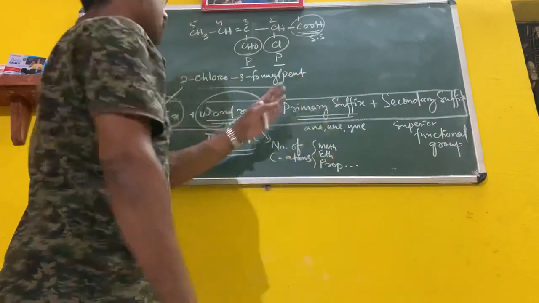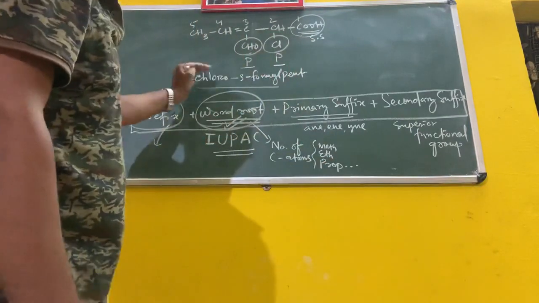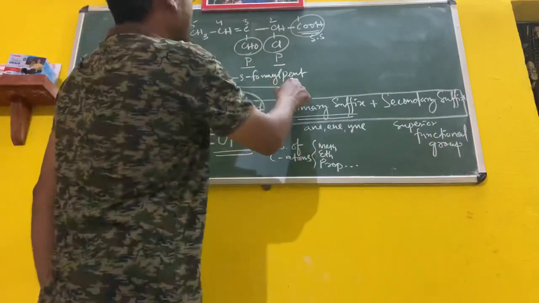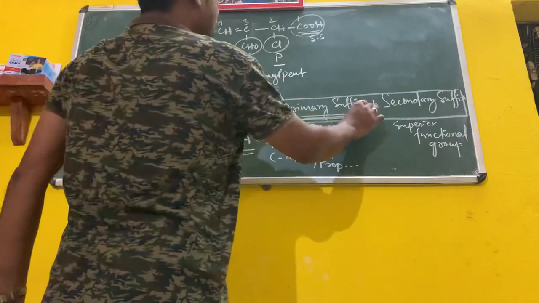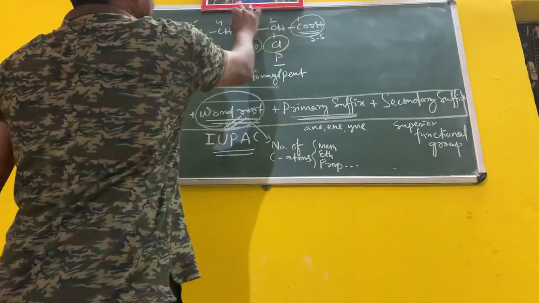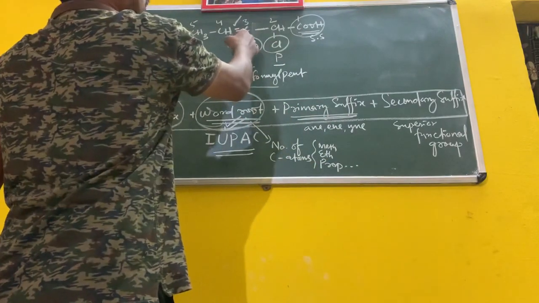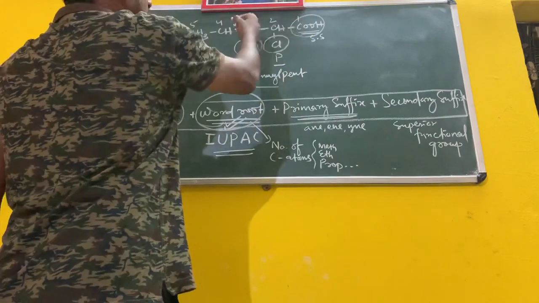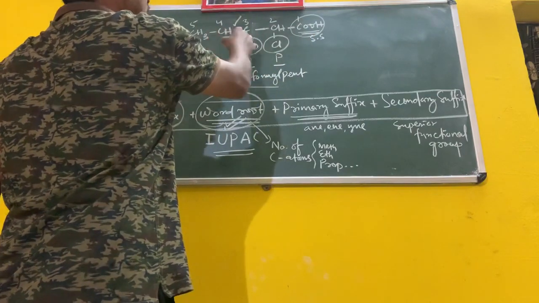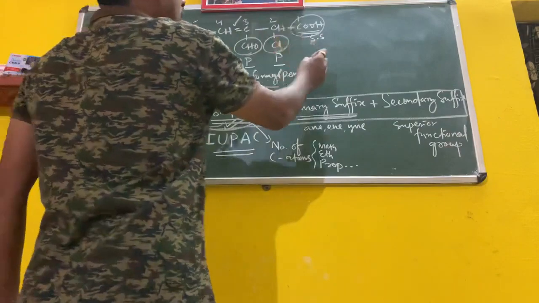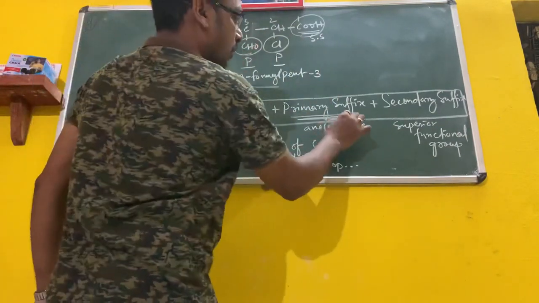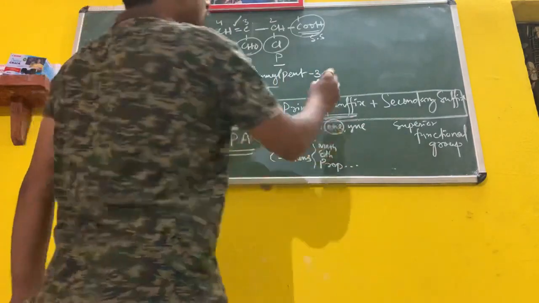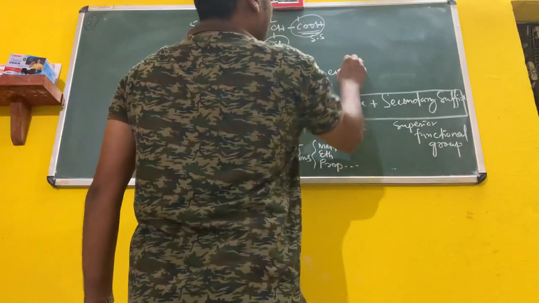No space is given, continue writing. After the word root comes the primary suffix. There are single bonds and one double bond at position 3, numbering from right to left. Between 4 and 3 it will be 3 first. So 3, pent, and the double bond is ENE, so you write ene.